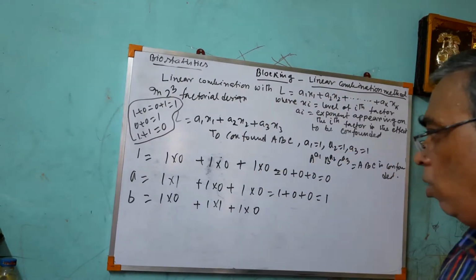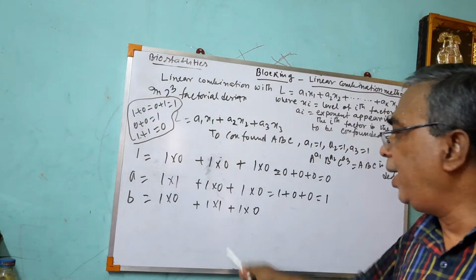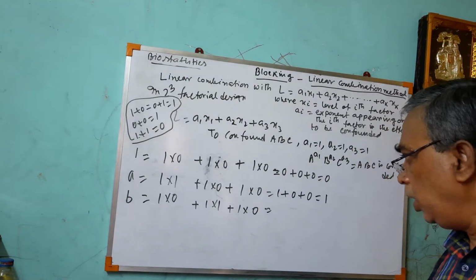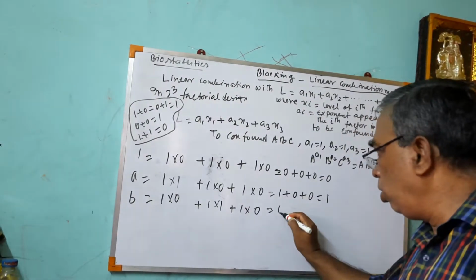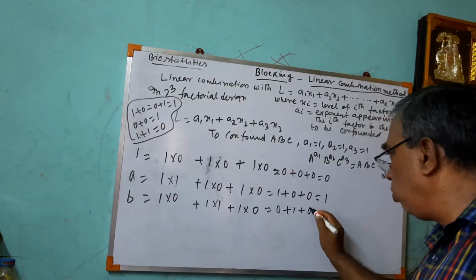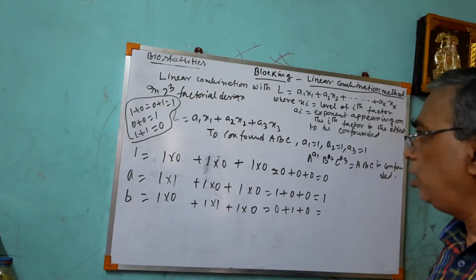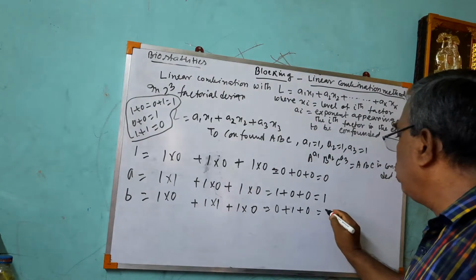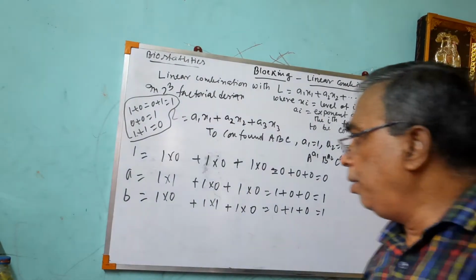Try to understand, B means factor B at higher level, so x2 is 1. So 0 plus 1 plus 0 is 1. Then AB.